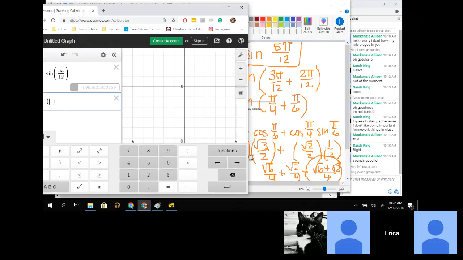If I do the square root of 6 plus the square root of 2, and divide that by 4, I also get 0.96592. All right, so this is the exact value of the sine of 5 pi over 12.